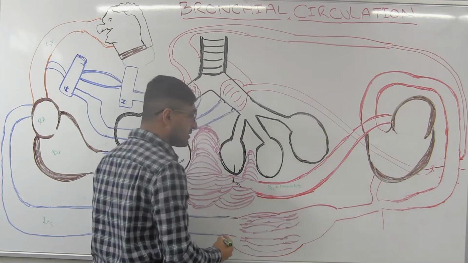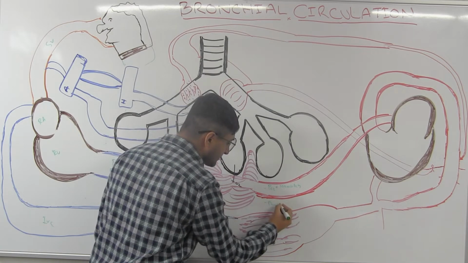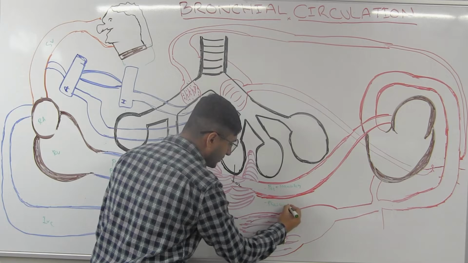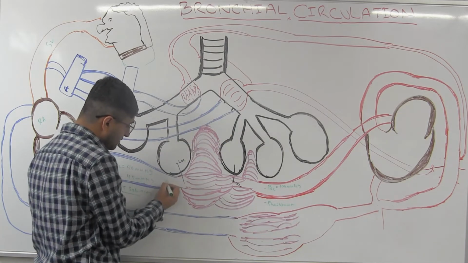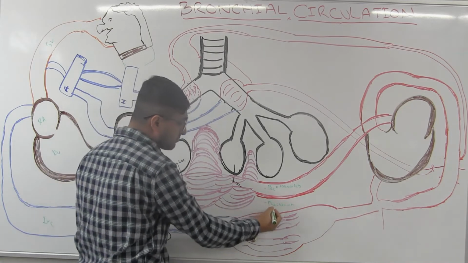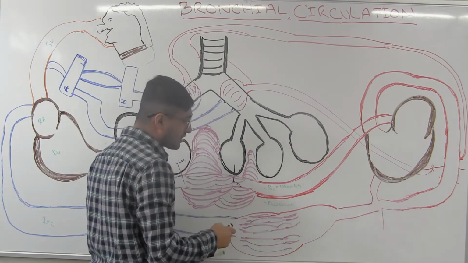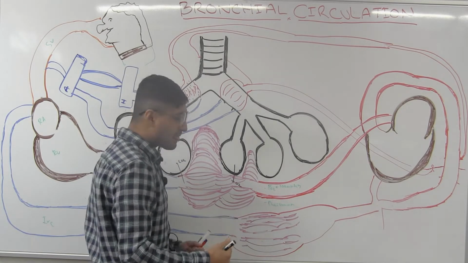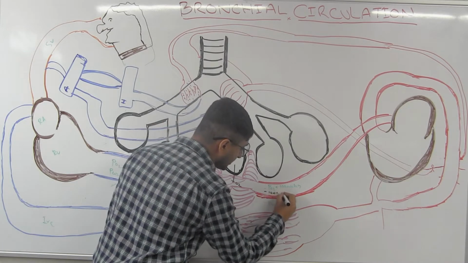And my partial pressure of carbon dioxide is going to be about 40 millimeters of mercury. It makes sense because pressure always goes from high to low, right? It was 45, 46 here, it went down, and when it comes out of the capillary, it's 40. So if my partial pressure of oxygen is 100 millimeters of mercury, then my percent saturation is also going to be 100% saturation.